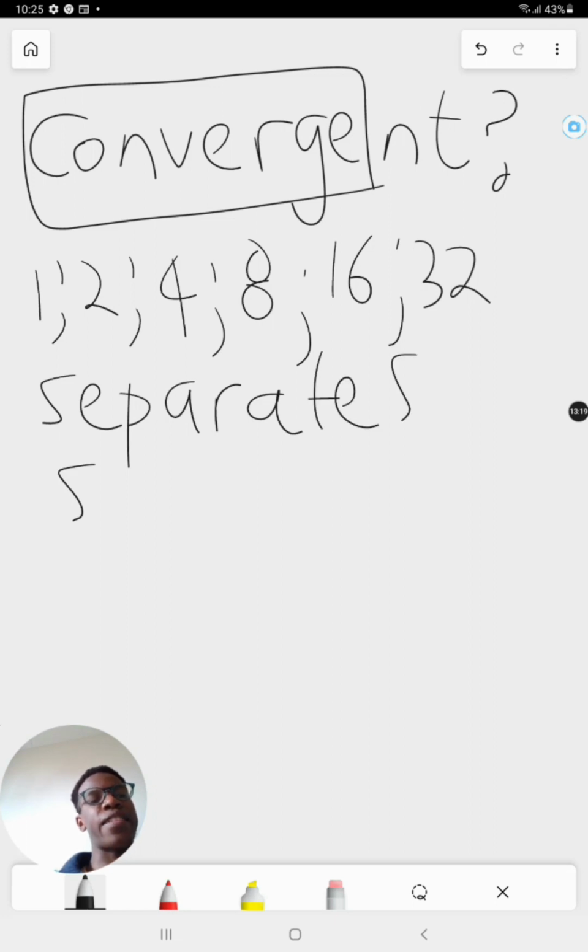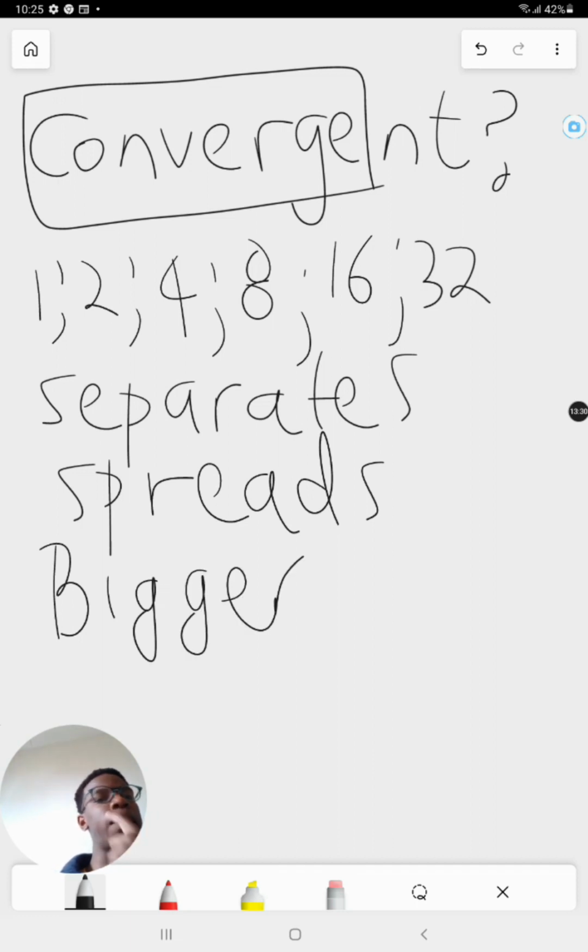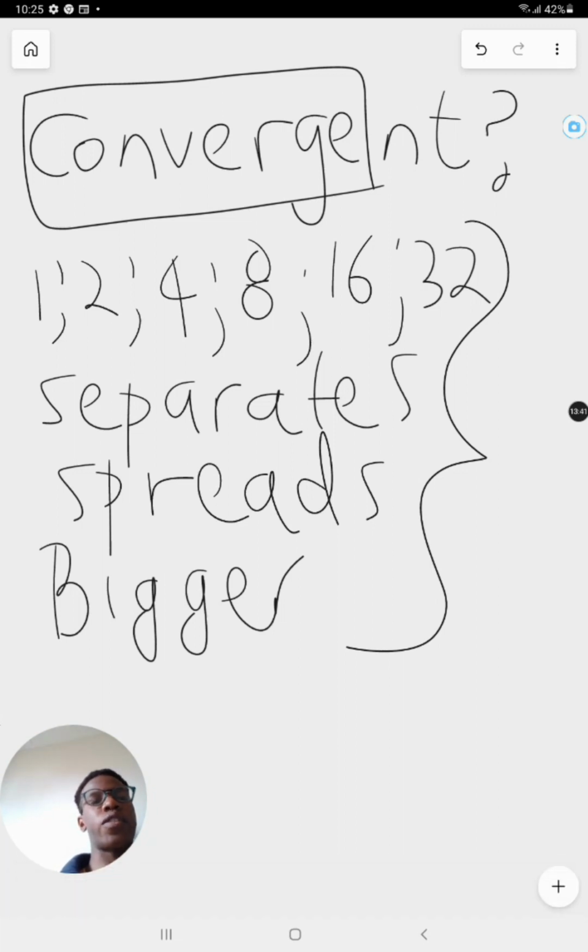It spreads, so it gets very big. The magnitude of each number gets bigger and bigger. So this is not convergent. This is divergent. These are the characteristics of a divergent sequence or series.